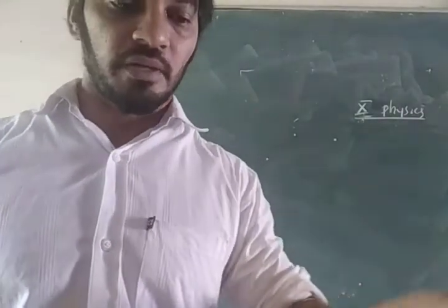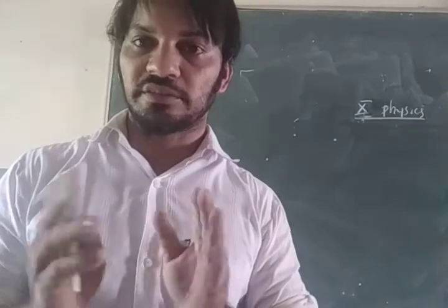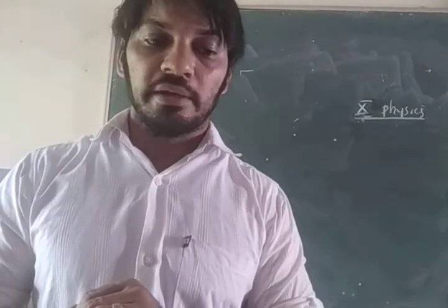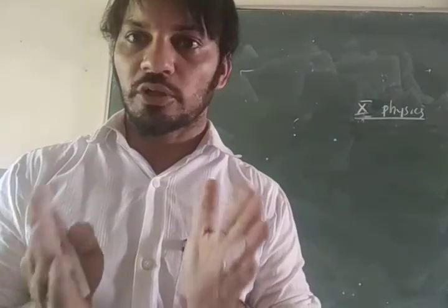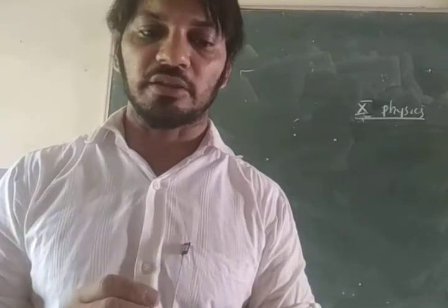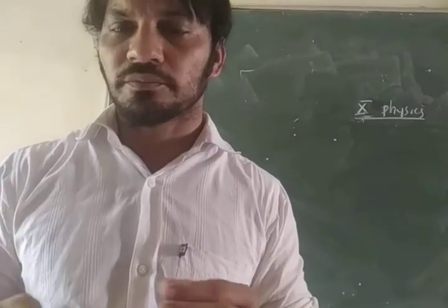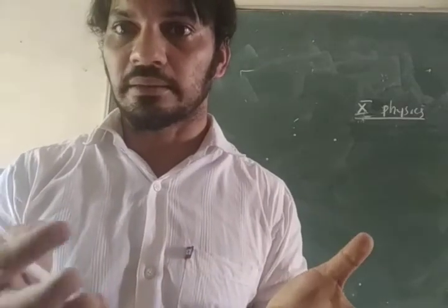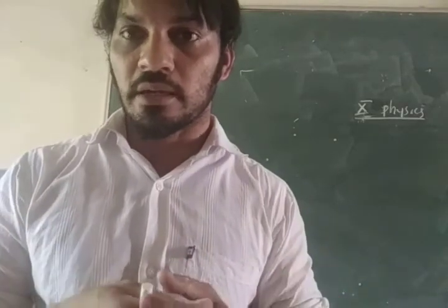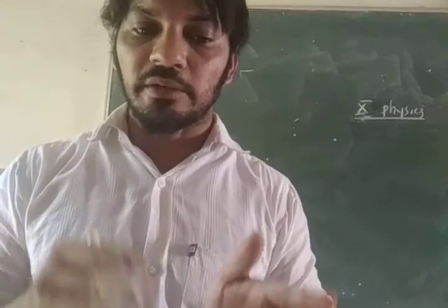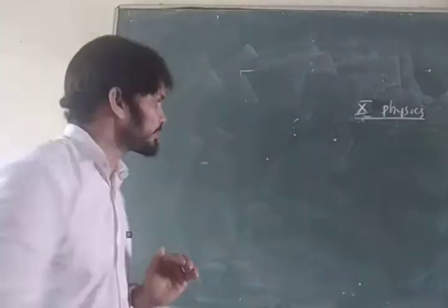Page number 86, the first question I am reading. Listen properly. When an object is placed in front of the concave mirror, I will draw a rough figure. One object is kept in front of the concave mirror.